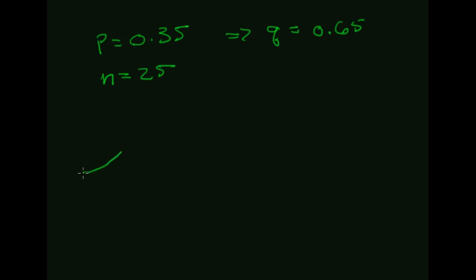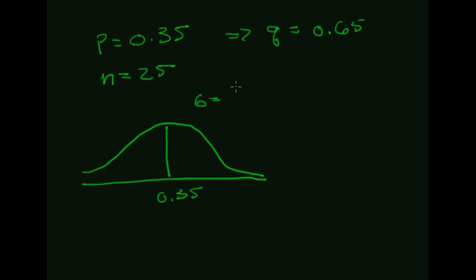So this means that the distribution of my P hats is going to have a mean of 0.35 and a standard deviation of the square root of 0.35 times 0.65 over 25. Now, if you work that out, that's going to come out to be approximately 0.0954.